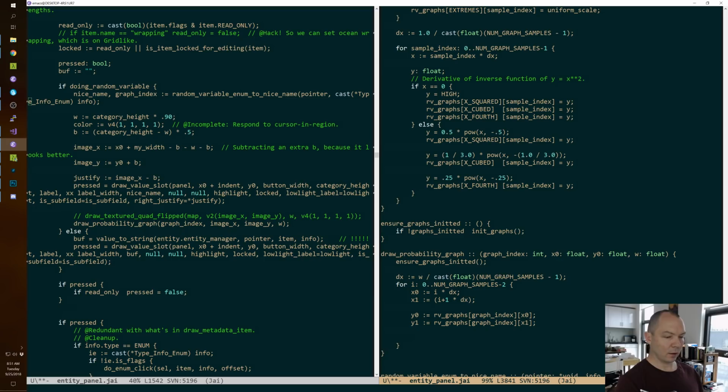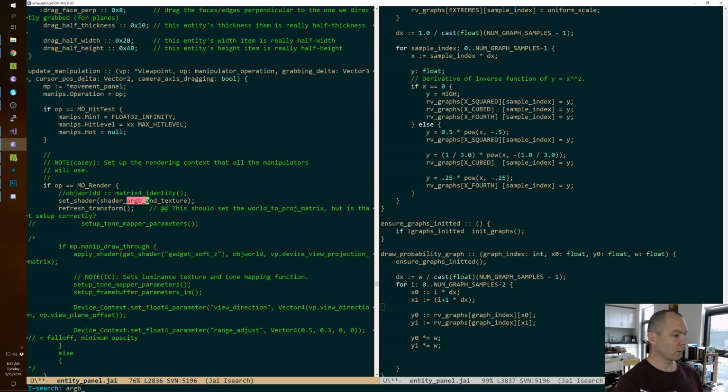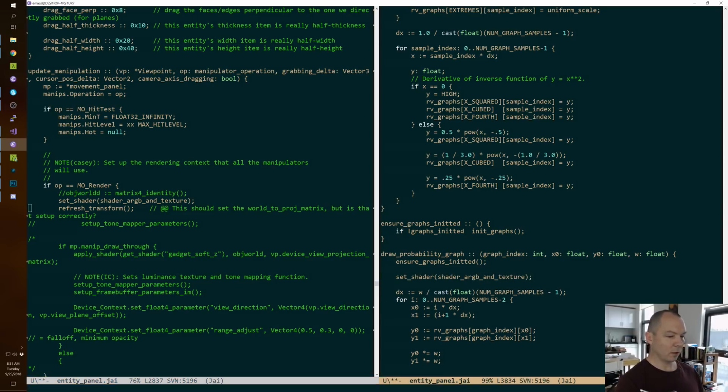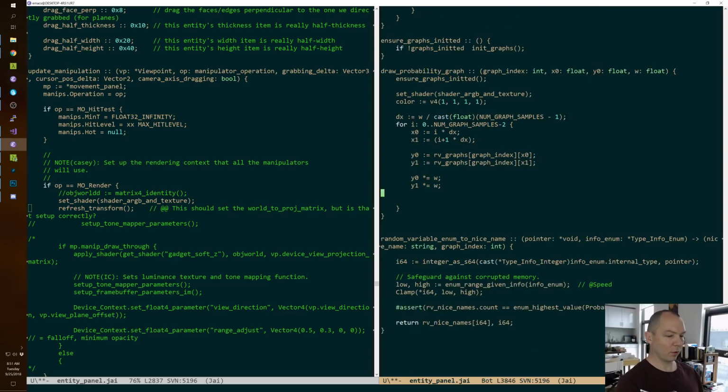So we set the shader here. Let's say color. Let's just draw in white to start with.